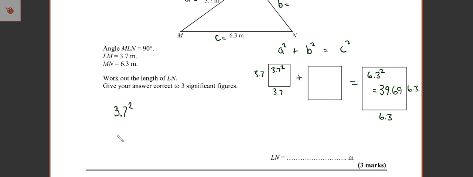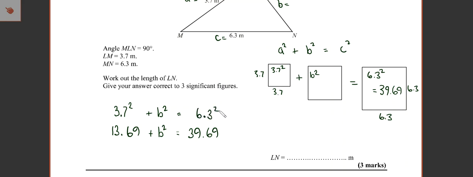There's 13.69. And then plus b squared, which is the one we don't know, will equal the 39.69, the one we did. So 3.7 squared plus b squared was equal to 6.3 squared.